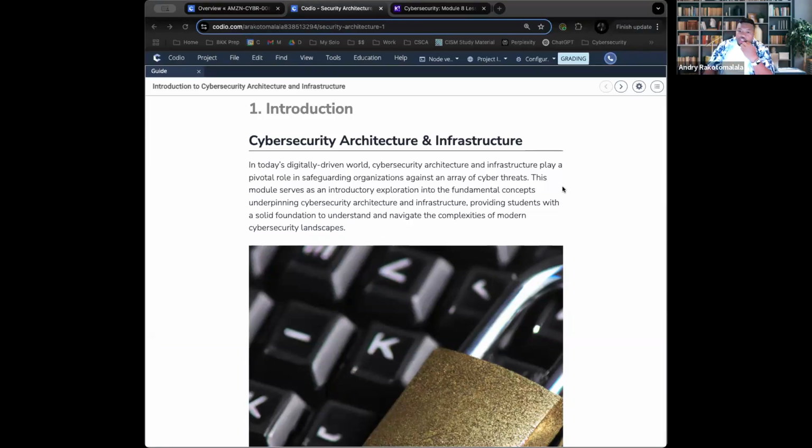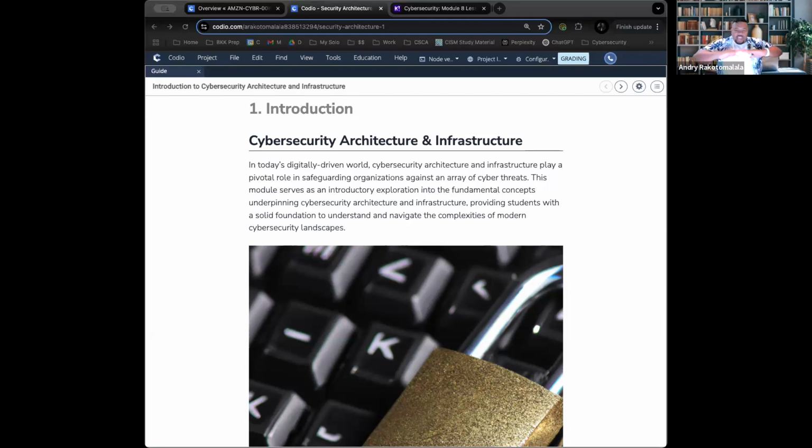So the first thing to understand is when we're talking about security architecture, I know it may sound scary. You might think, oh, security architecture, that must be super complicated, lots of code, lots of servers. It's really not. When you think of the term architecture, the first thing I want you to think of is a plan. When you build a house, you don't just start building without having a plan.